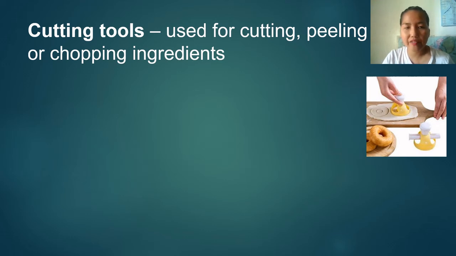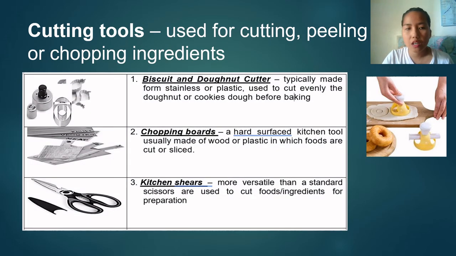Next we have cutting tools, which are used for cutting, peeling, or chopping ingredients. The first one is the biscuit and donut cutter, typically made of stainless steel or plastic. In this picture, on the right side, this is a donut cutter.